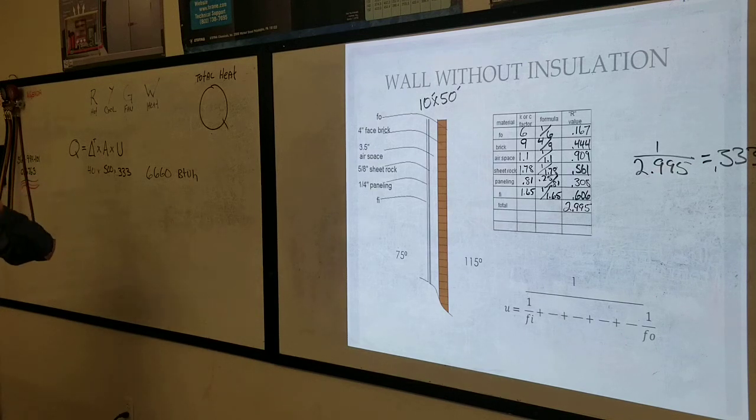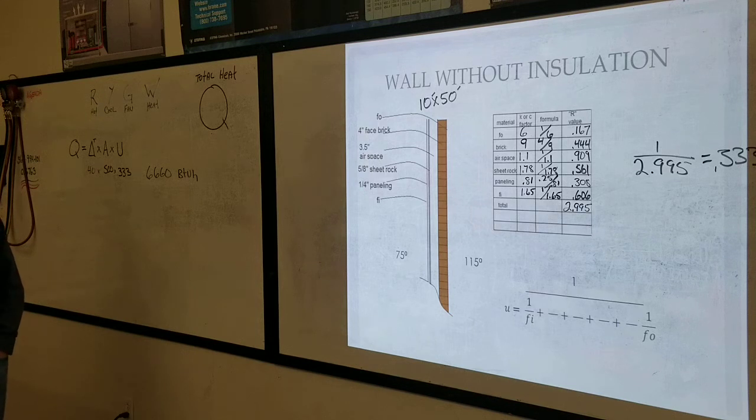And usually buildings have more than one wall, right? So if it was simple, we'd have 4 walls, which is never simple, and if it was the same temperature on all. The 10 by 50 is how tall and wide it is. I just threw numbers out there. We have to have an area.